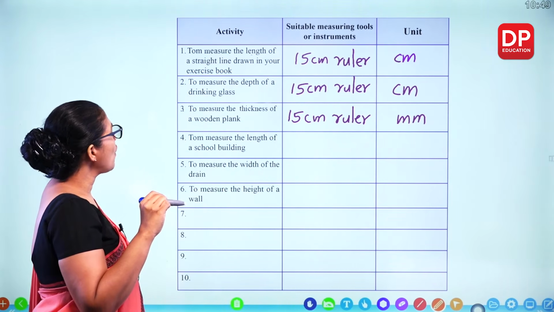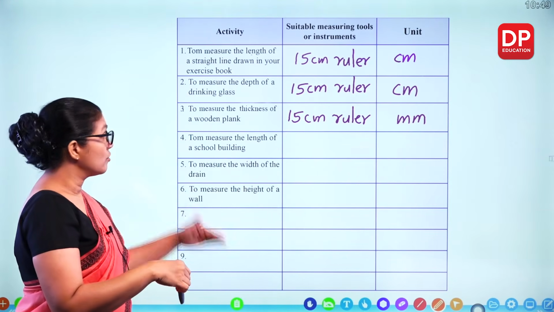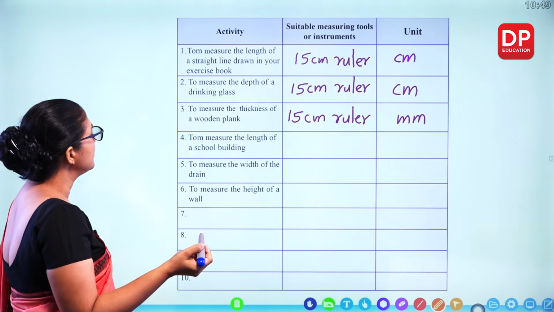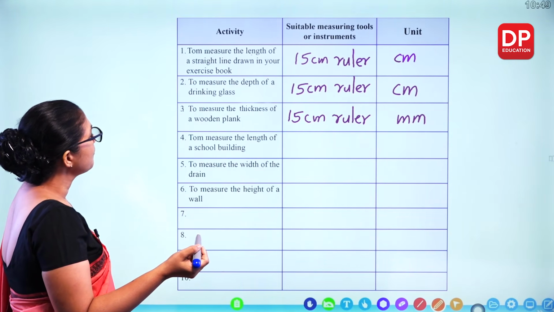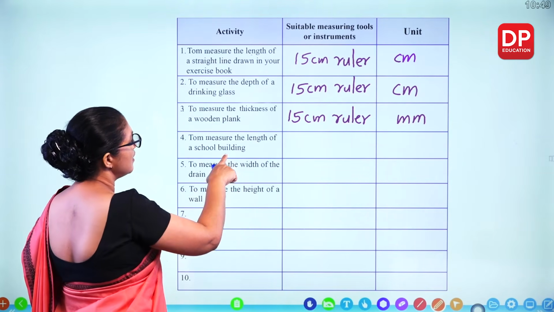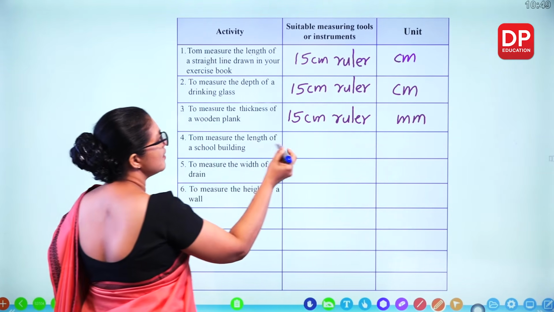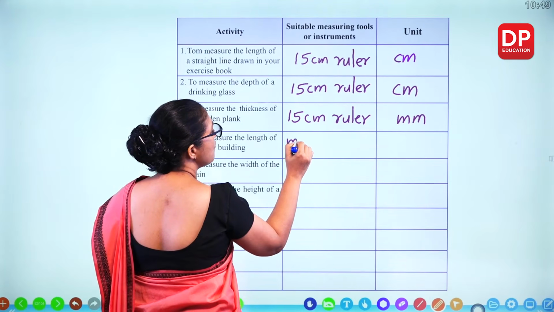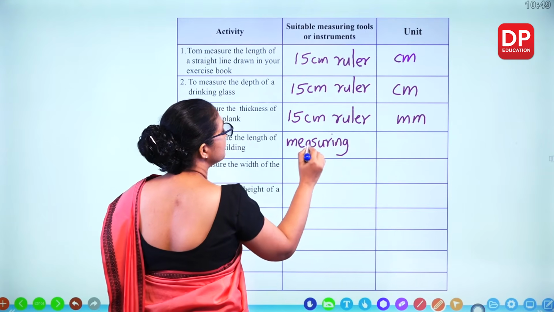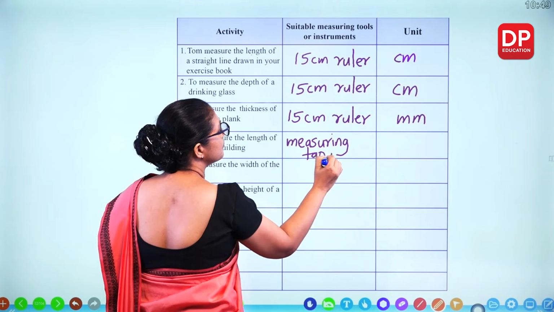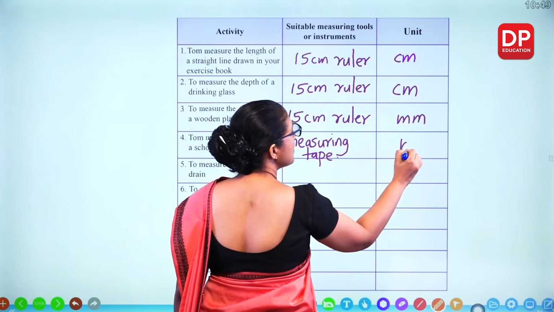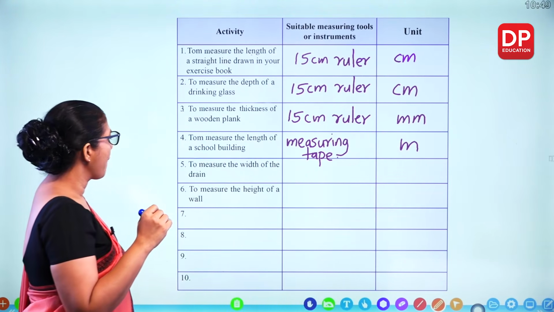Tom measured the length of a school building. So we need a measuring tape or 10 meter measuring tape. So that's a little bit bigger length. So we can take a measuring tape. And this is in meters.